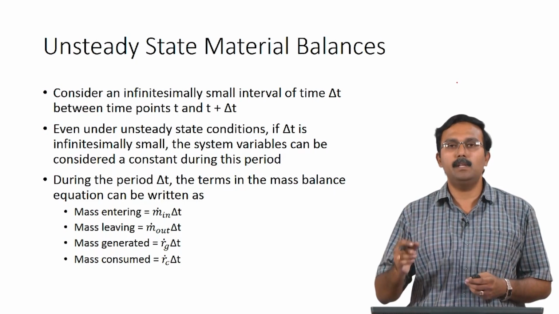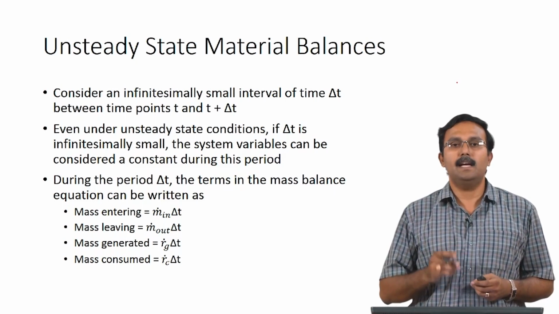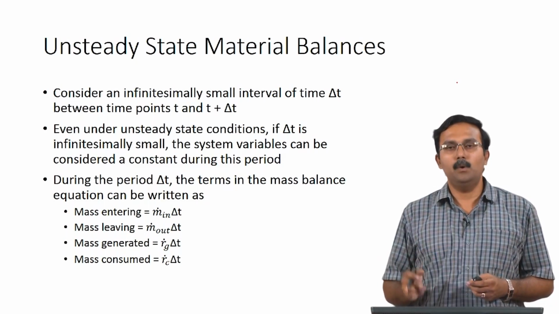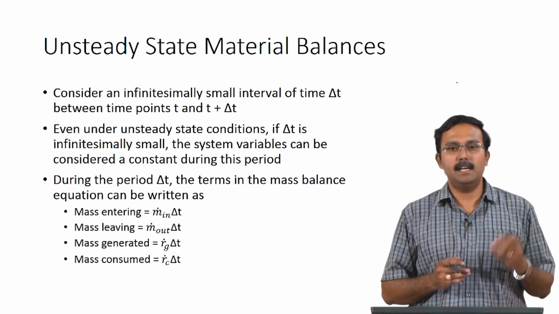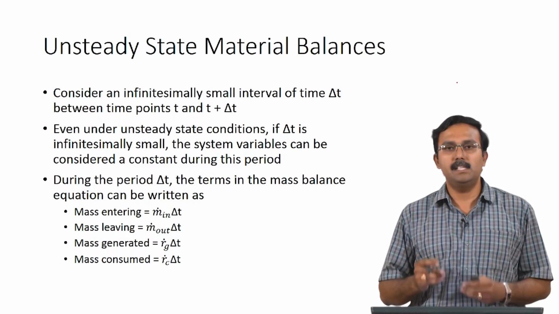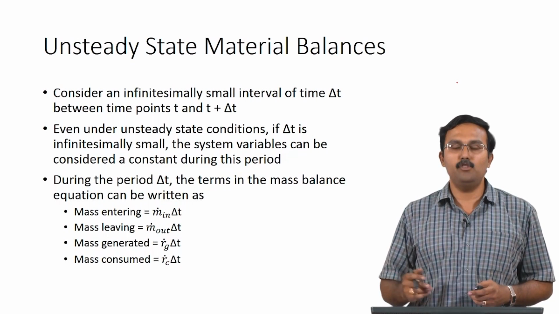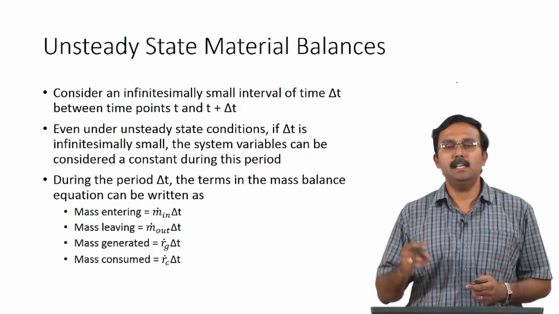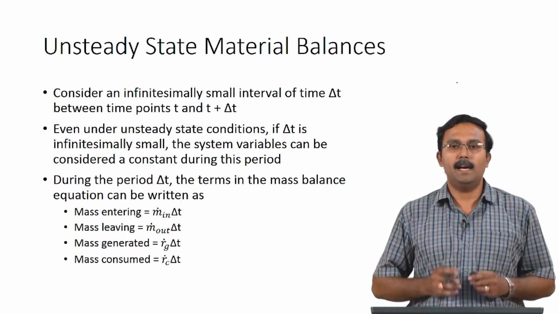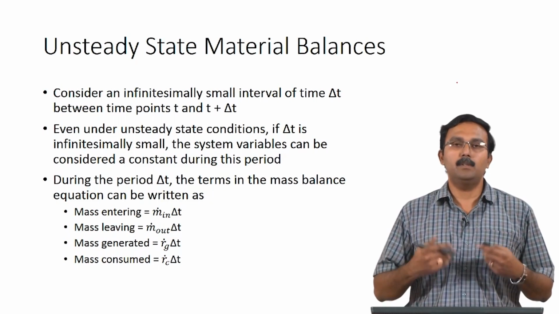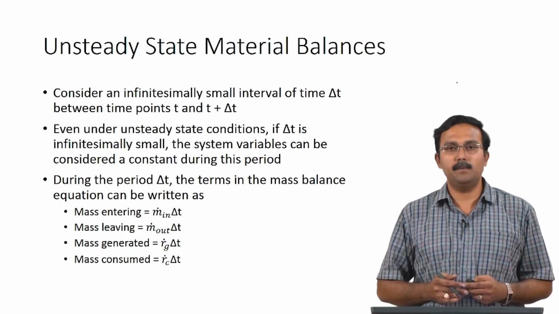Similarly, mass leaving during the period delta t is given as m dot out delta t. Mass generated is given as R dot g delta t, and mass consumed is given as R dot c delta t. Now that we have these terms, we can plug them into the general material balance equation we had.